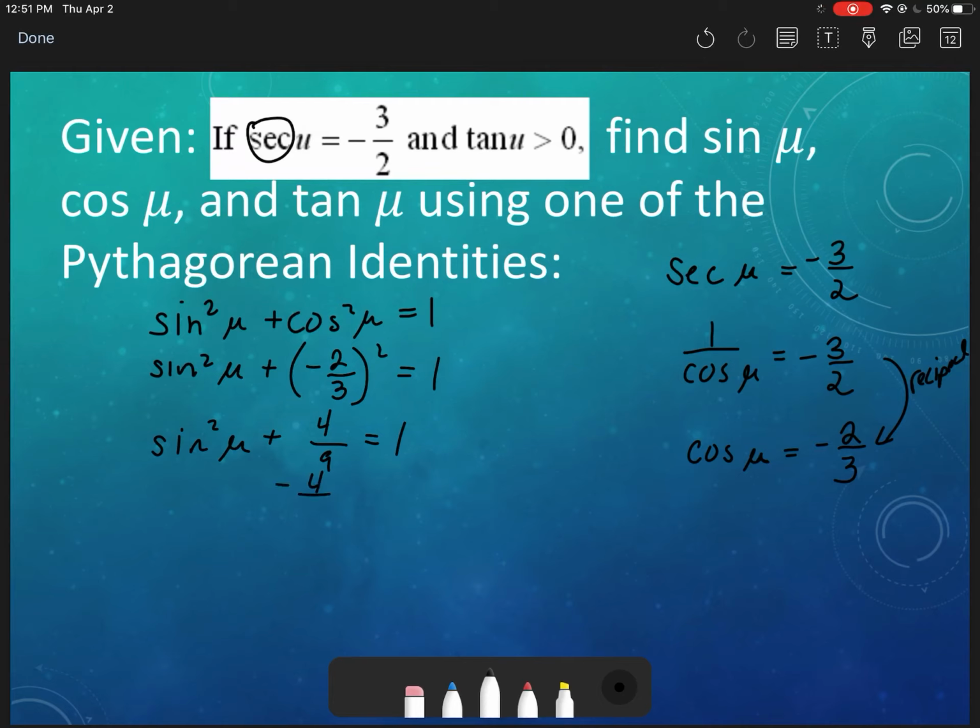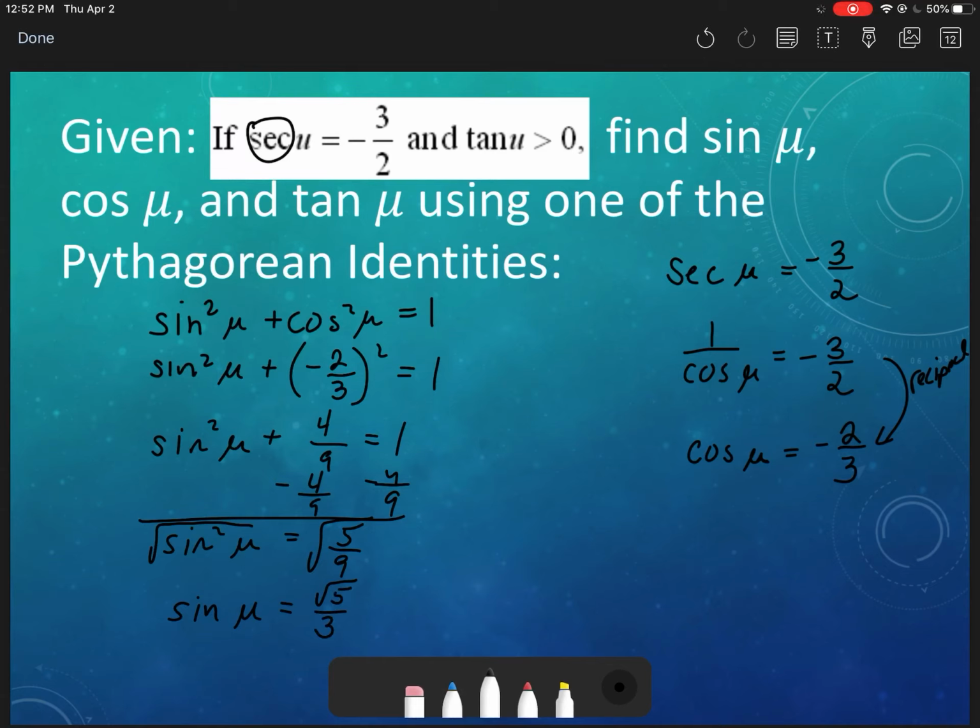Now just subtract 4/9 from both sides. Sine squared u equals 5/9. And we want to take the square root of both sides so that we just get sine. And we get radical 5 over 3.